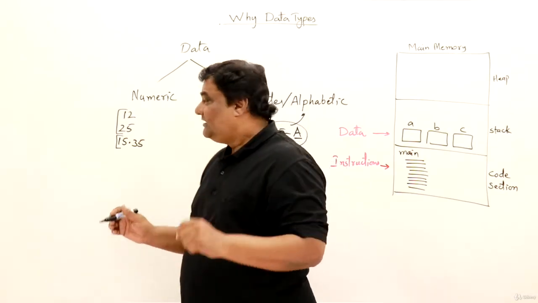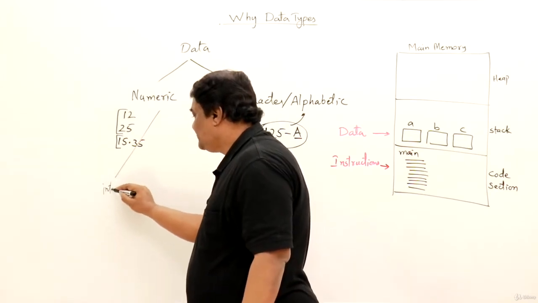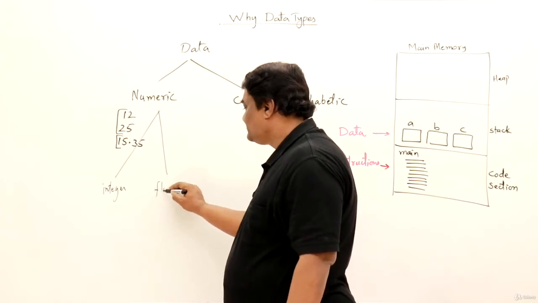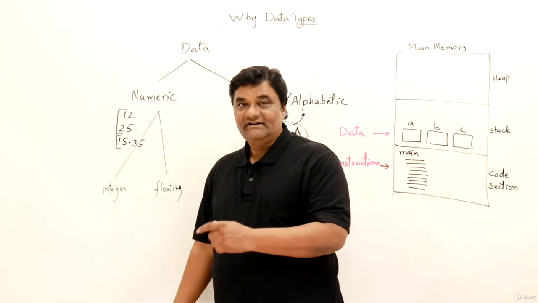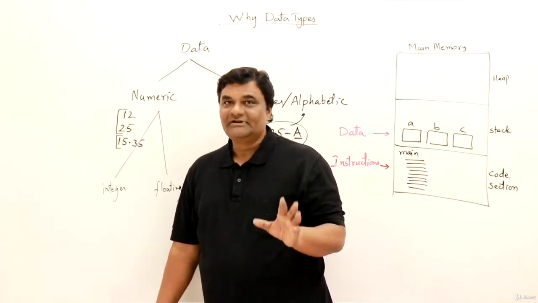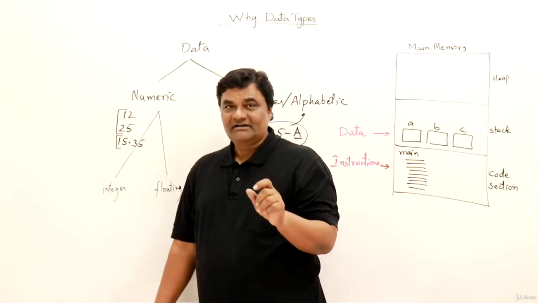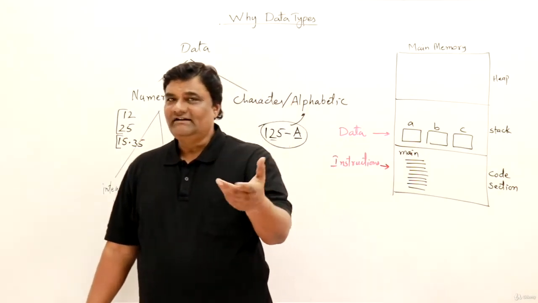So I will categorize numbers as integer, that is without a decimal, and next is floating point, that is with a decimal. Floating point means decimal only, right? The approach of representing a decimal number is called floating point. You will understand this later.